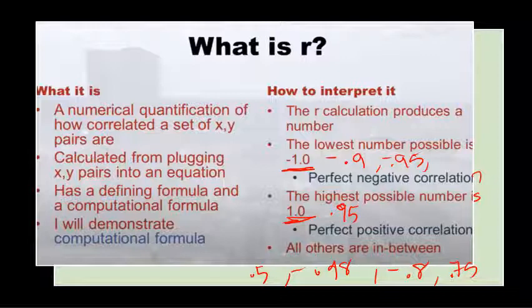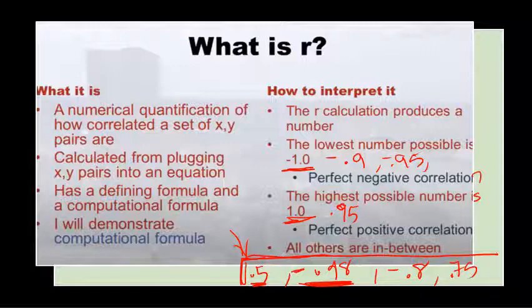And this sort of also tells you the strength and the direction of your data. If it were 0.5, that obviously means it's going in a positive direction, but it's kind of far away from being 1, so that would be either moderate or weak. If it's negative 0.98, that is extremely close to being a perfect negative correlation.